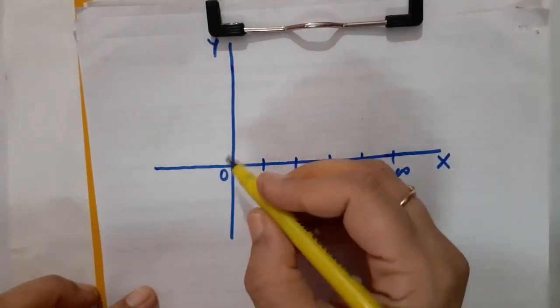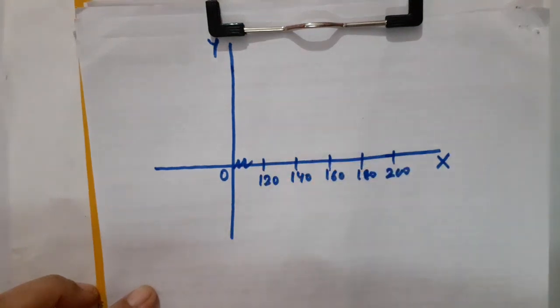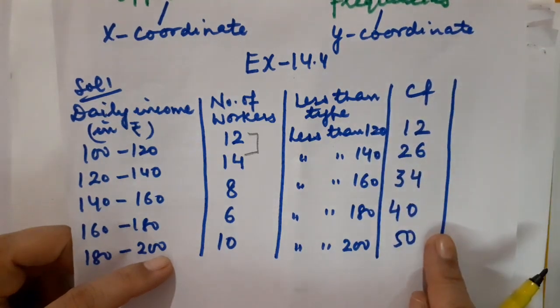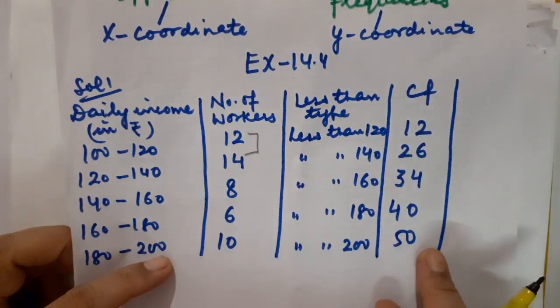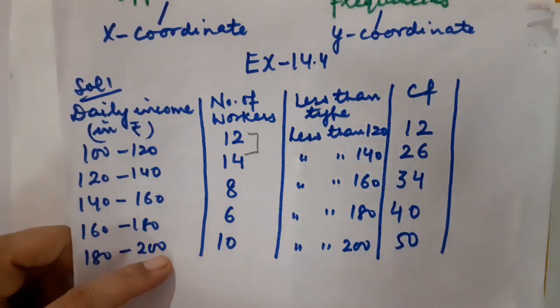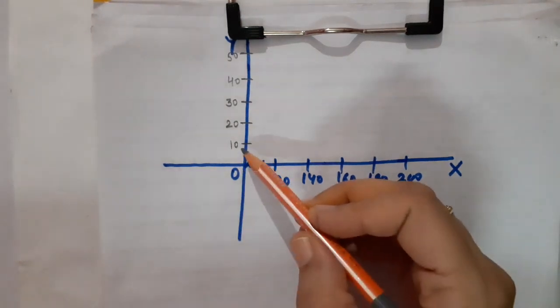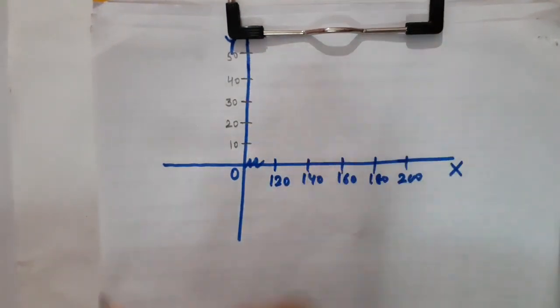So there is a need to make a kink on the x-axis. Now children, observe this data. We can either take the gap of 10, that depends on us, or we can take the gap of 5 also. I have taken the gap of 10, you can see 10, 20, 30, 40 and 50.